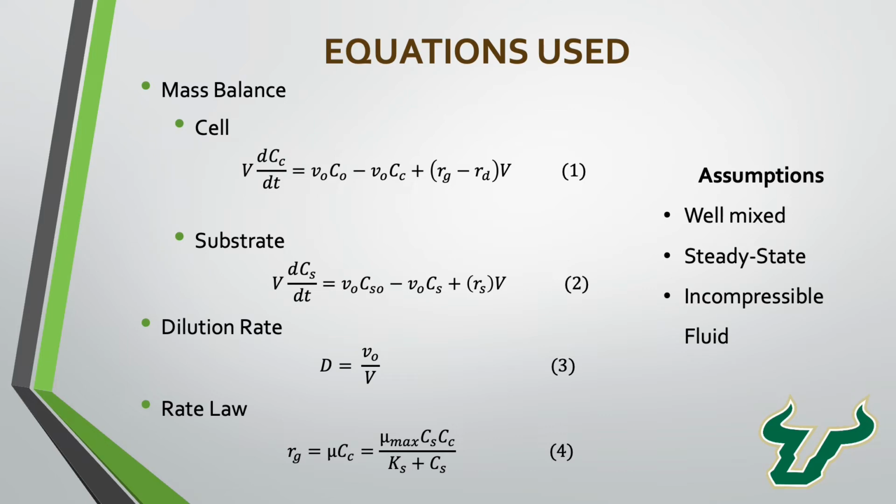The dilution rate can be expressed as V0 over V, or the reciprocal of the space time. The rate law was modified using the Monod equation, where Ks is the Monod constant and mu max is the maximum specific growth rate. In addition to a steady-state system, we assume a well-mixed reactor and an incompressible fluid.